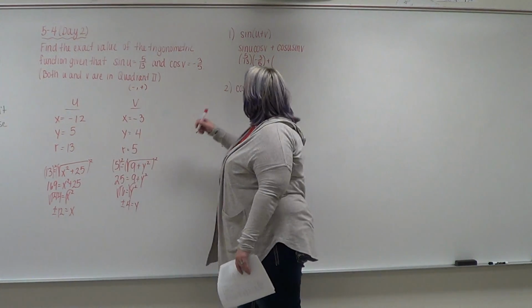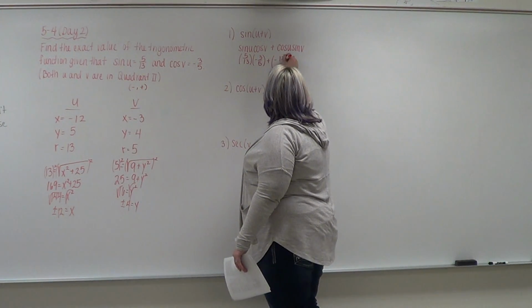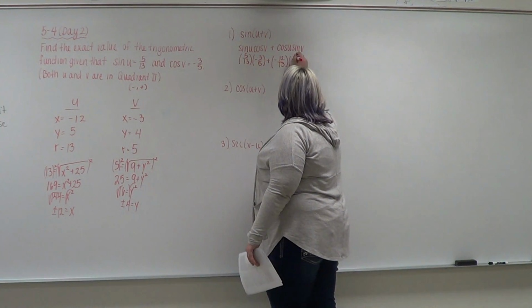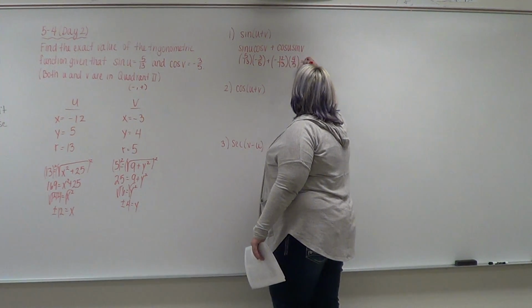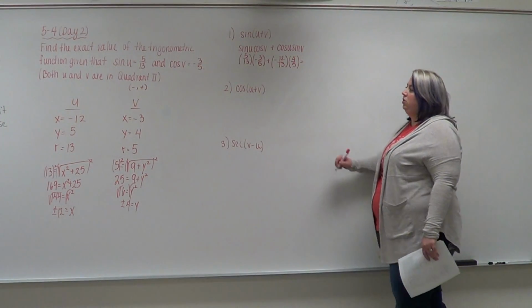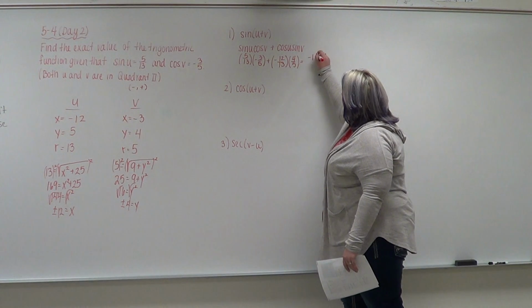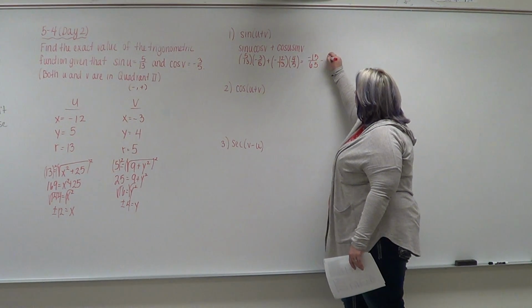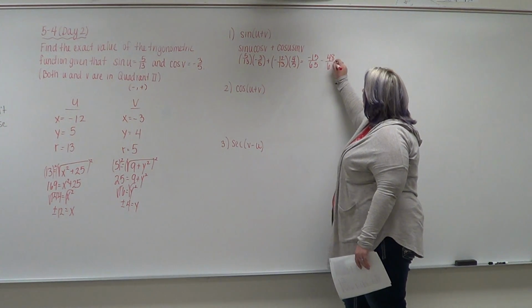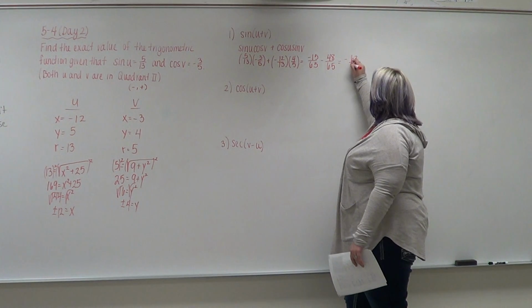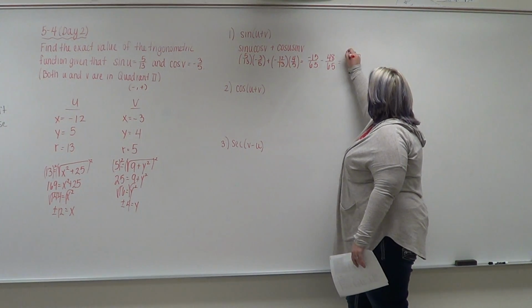Negative 12/13 is good. And what about sine V? 4/5. Okay, so I would have negative 15 over 65 minus 48 over 65, which equals negative 63 over 65. And that's my answer.